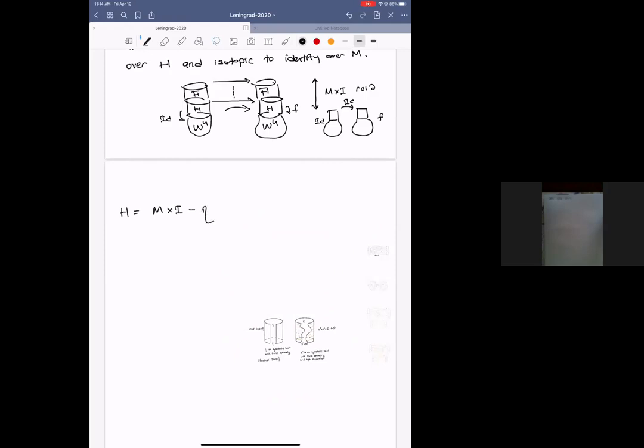You remove some knot cross I and the neighborhood, some product concordance in the manifold cross I. You remove some product and you glue something, S1 cross S2 cross I, some concordance complement.